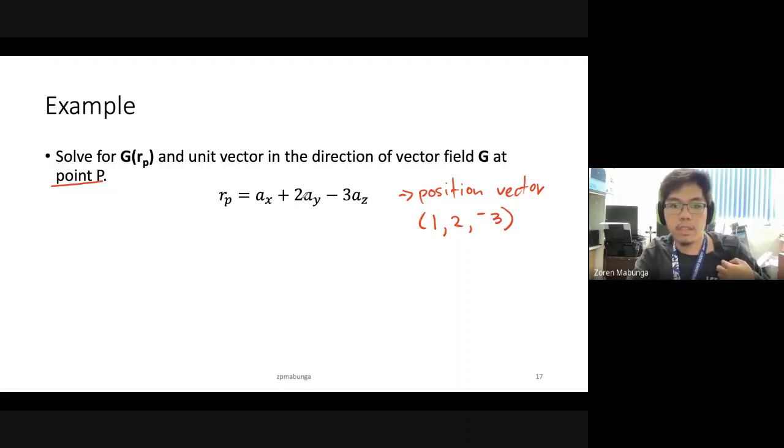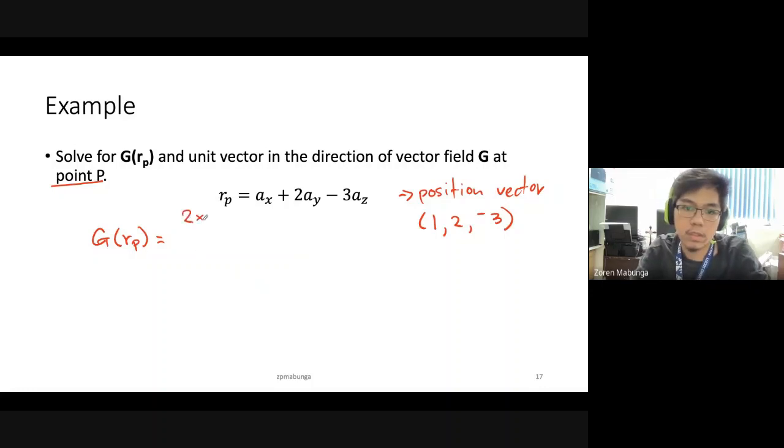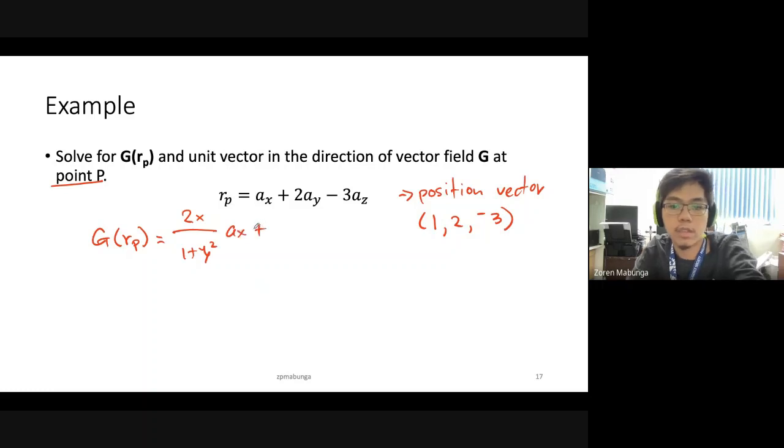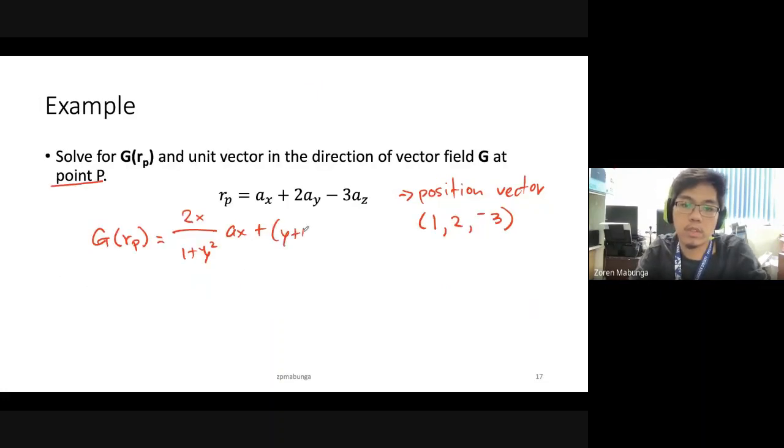So, ang pinapahanap sa atin is vector G using position vector RP. Kanina may binigay na tayo vector G. Ito daw yung vector G natin, so isulat lang natin dito: 2x over 1 plus y squared ax plus y plus 1 ay plus 5x minus z squared az.